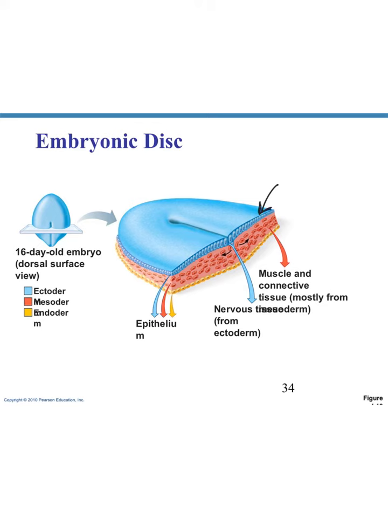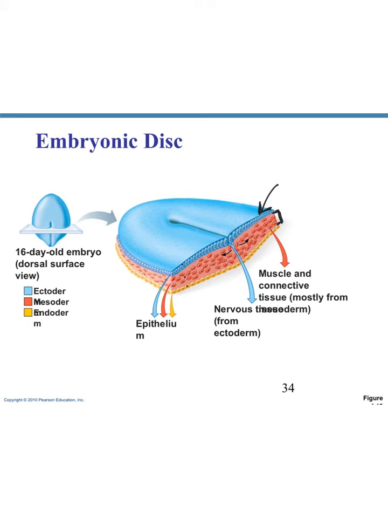Ectoderm is going to form all nervous tissue. The mesoderm, that's the red, makes up kind of the meat of your organs. Muscle and connective tissue will all come from mesoderm. And then epithelial tissue or epithelium can actually come from all 3 different germ layers.